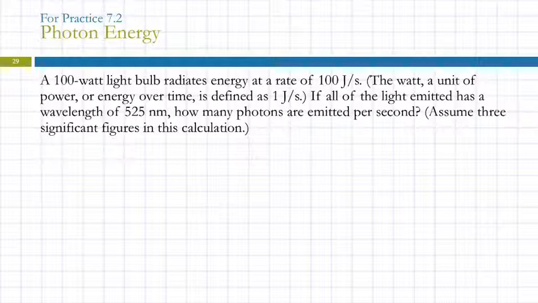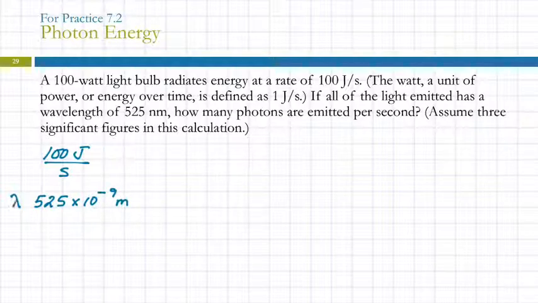So we've got 100 joules per second, and we've got 525 nanometers. Let's just write that as meters. That's our wavelength.